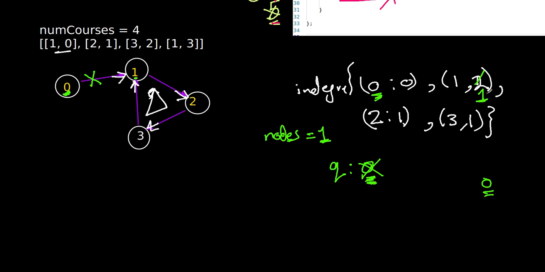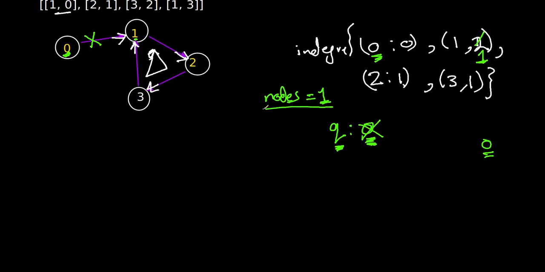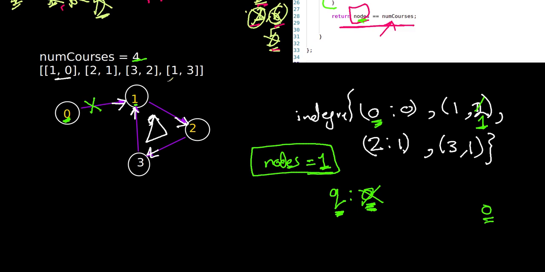After we subtracted 1 from this, we cannot push it to the queue, because we only push to the queue the nodes that have 0 in-degree, and the queue is now empty, so we break this loop. Now nodes equals 1 and the number of courses equals 4. They are not equal, and in this case we return false.